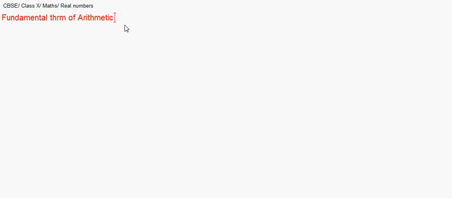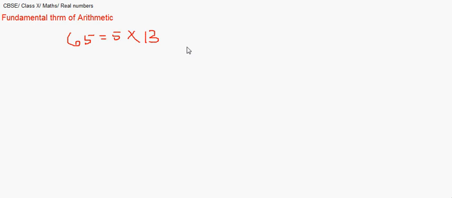So if I take a composite number, suppose 65, this can be expressed as 5 into 13. So 5 and 13 both are prime factors of 65.